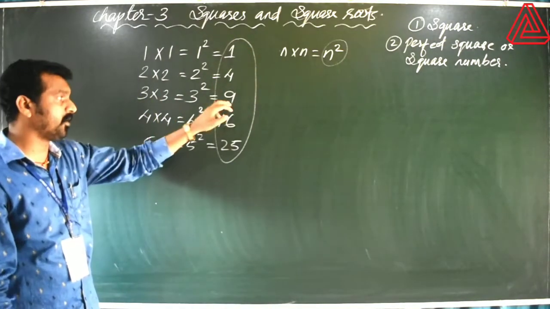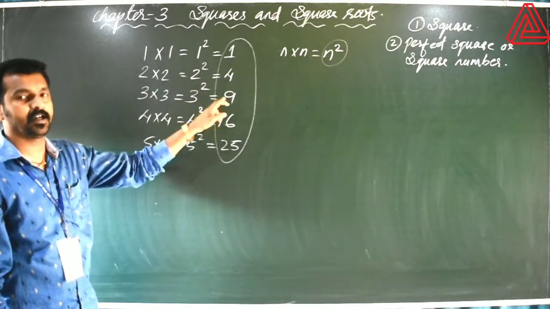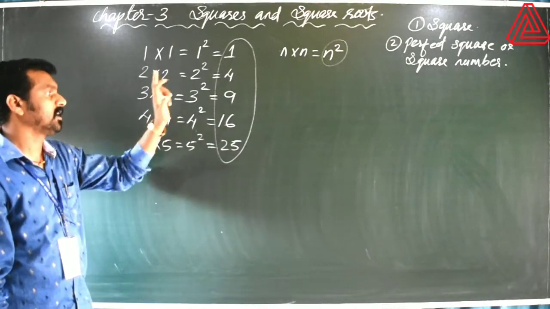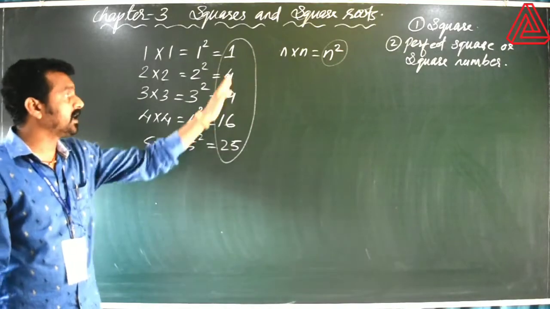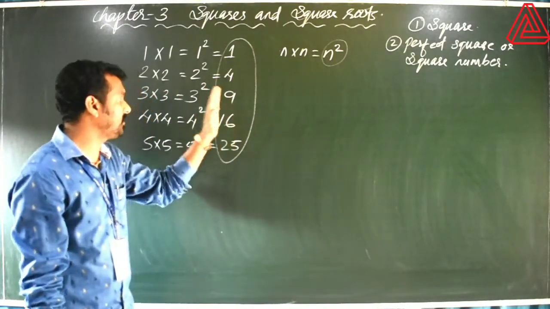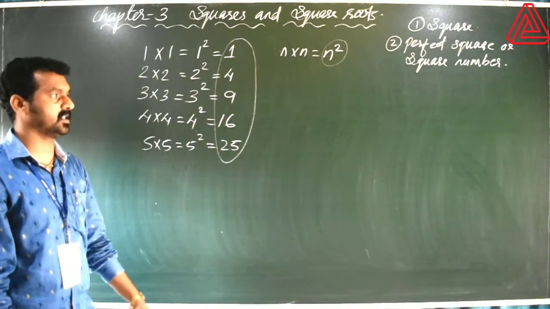The product formed when a number is multiplied by itself is called the square of that number. A number is said to be a perfect square if it is the square of some natural number.